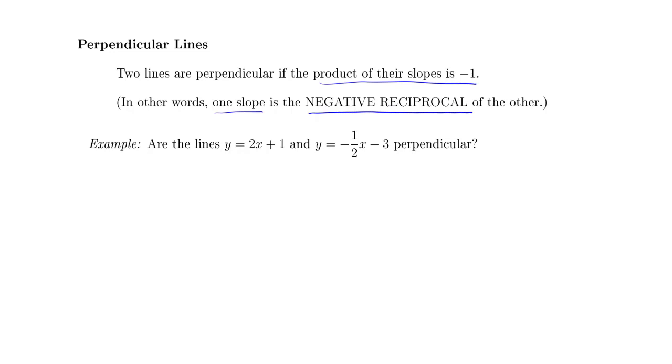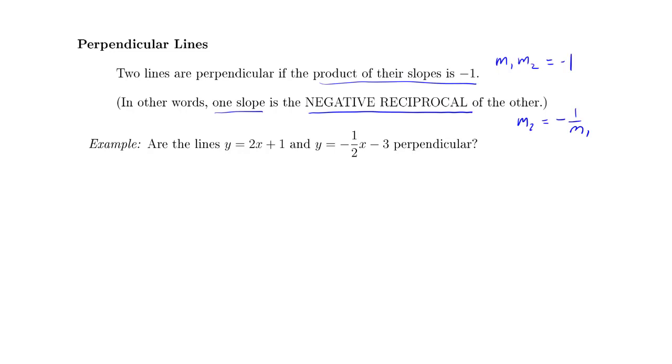So in the first way, we're talking about some m1 times m2 is negative 1. In the other way, we're talking about m2 is negative 1 over m1, which is the negative reciprocal. So negative, and then we flip the m1 slope.